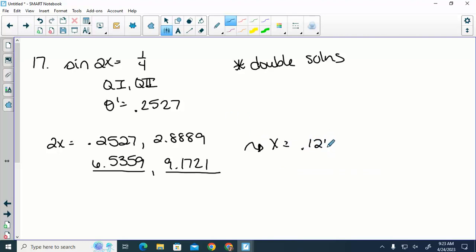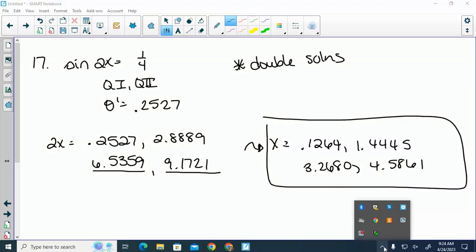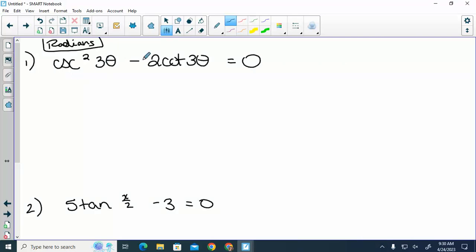So, 1, 2, 4. So we get a total of 4 solutions.